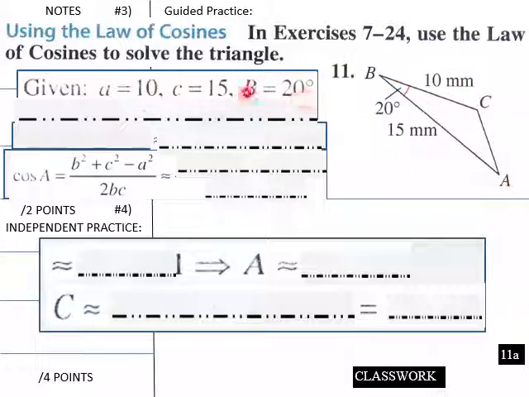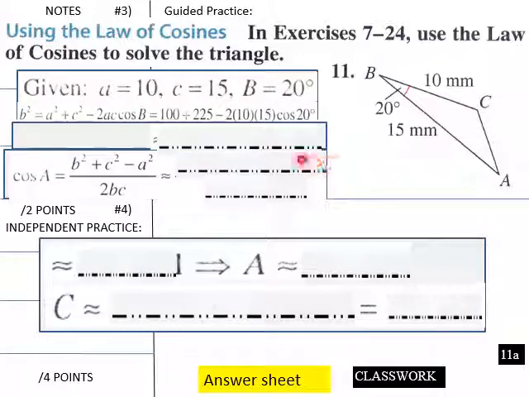And then our givens here, side A is 10 millimeters, side C is 15 millimeters, and our measure of angle B will be 20 degrees. So that's our given here. So using our law of cosines to find B, side B would be over here.